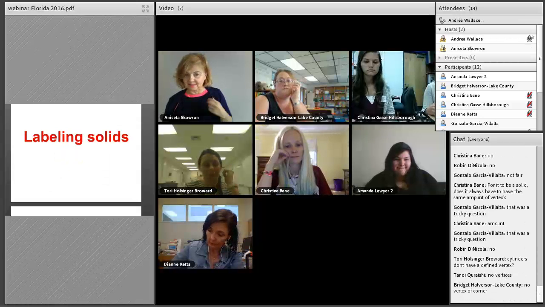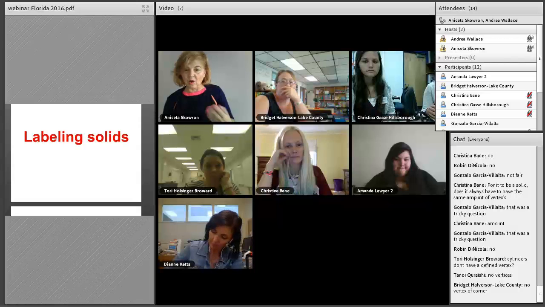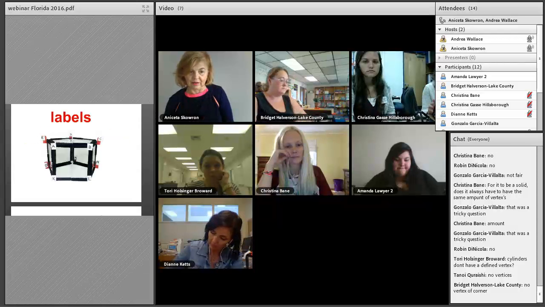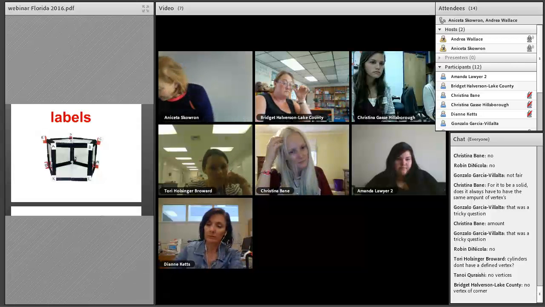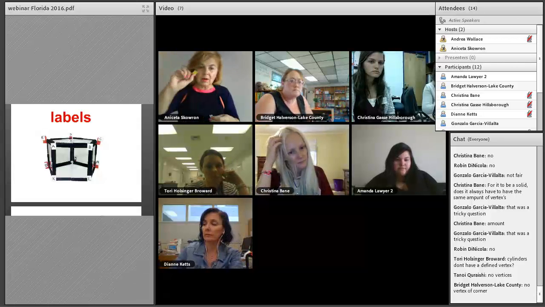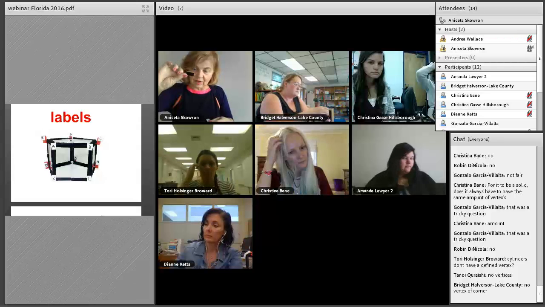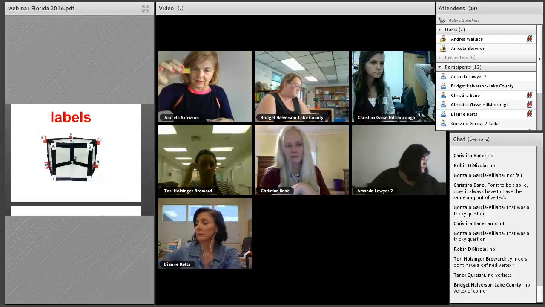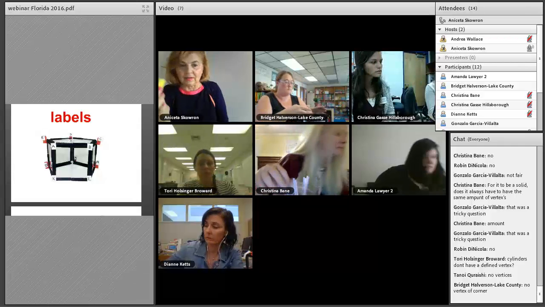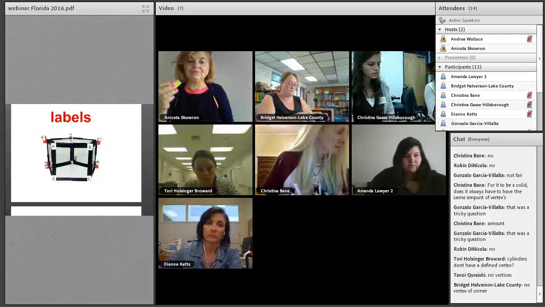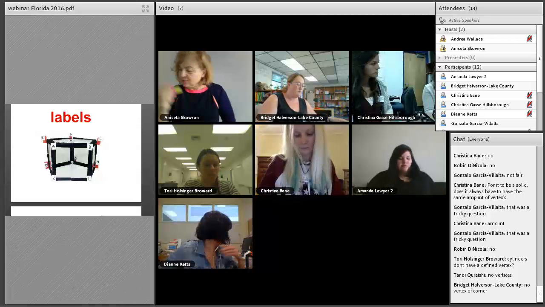Now, labeling solids. That's also something that could be very important to you. Now, what do we have here? I gave you those little pieces of Velcro with colored tape. I just gave you one or two, I think I stuck two together. This is very easy to make.